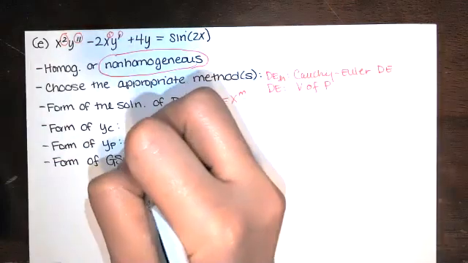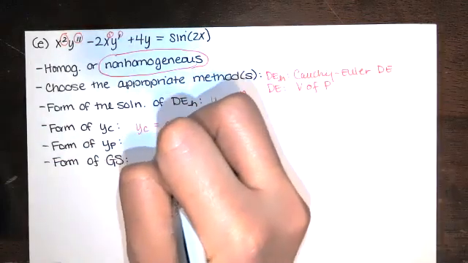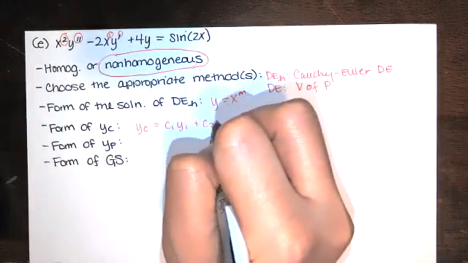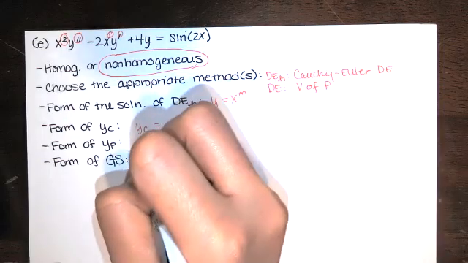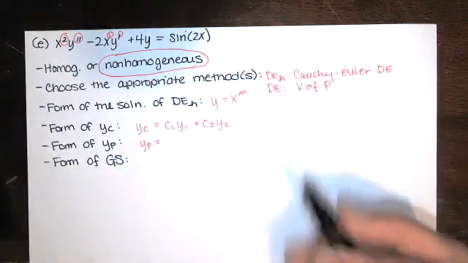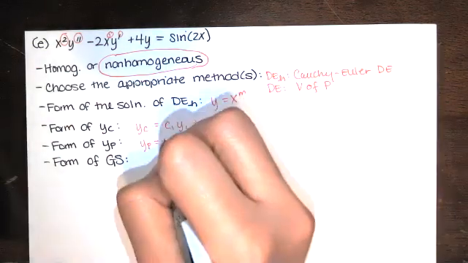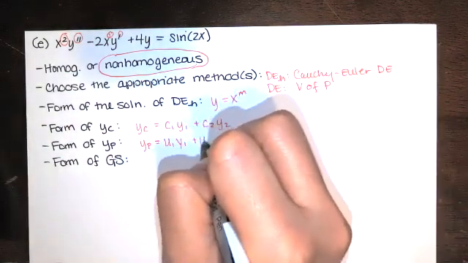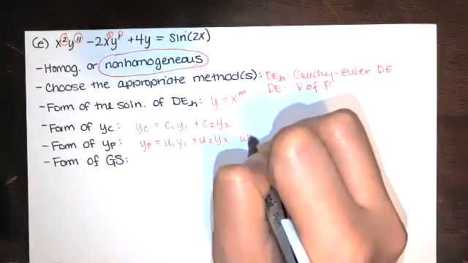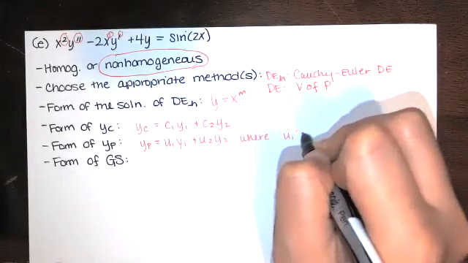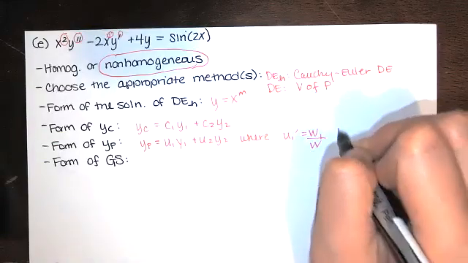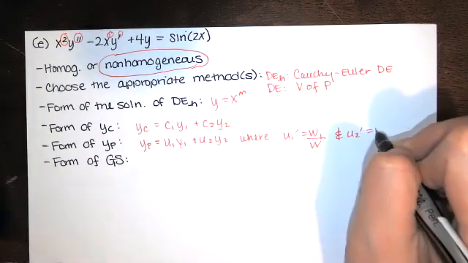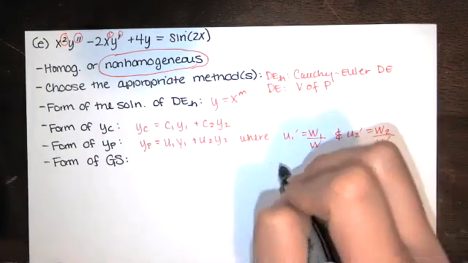Since it's second order, y sub c has two terms, it's c1 y1 plus c2 y2. Since we're using variation of parameters, y sub p has the form u1 y1 plus u2 y2, where u1 prime is equal to w1 over w, and u2 prime is equal to w2 over w.